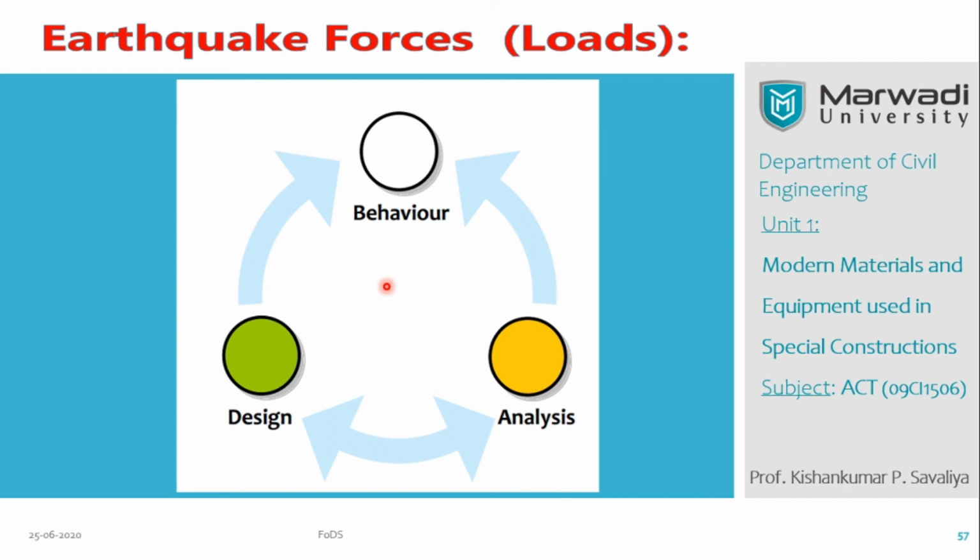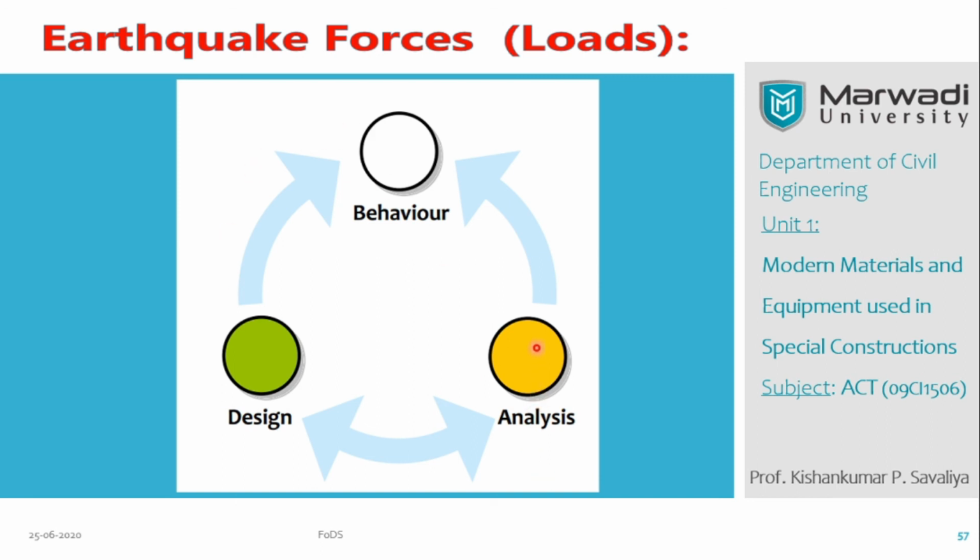So in brief, in the field, while designing an earthquake resistance building, you need to check three basic parameters of any particular building. First and foremost, you need to take care of the behavior. Second is analysis, and third is design. Here you can see the design is directly connected to the behavior.